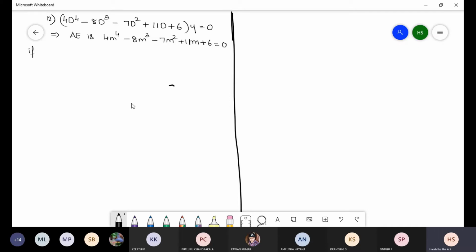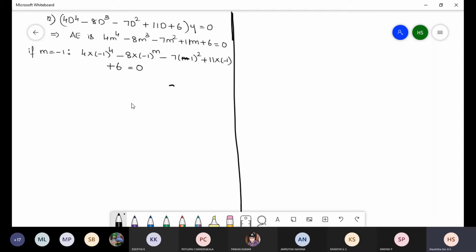Suppose I put m is equal to minus 1. So 4 into (minus 1) whole power 4 minus 8 into (minus 1) whole cube minus 7 into (minus 1) whole square plus 11 into minus 1 plus 6 is equal to 0.